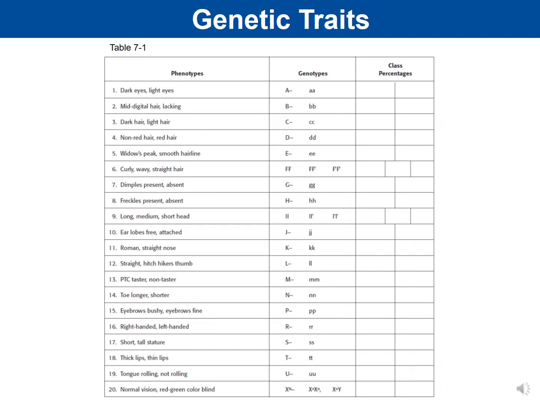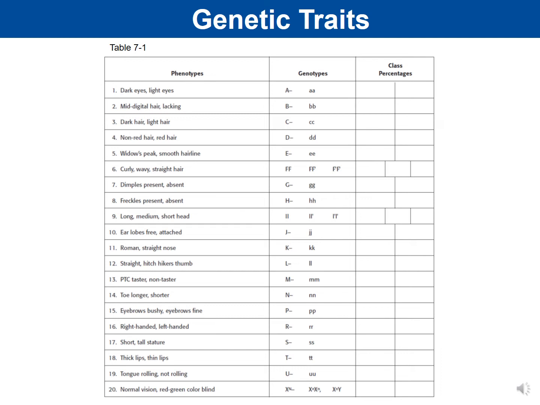Now, again, you have to realize this is definitely an oversimplification, right? This is very subjective because what I call light eyes might not be exactly the same as what somebody else does. So what I would do is, for each of these traits, you're going to read through the lab and figure out which phenotype you have.